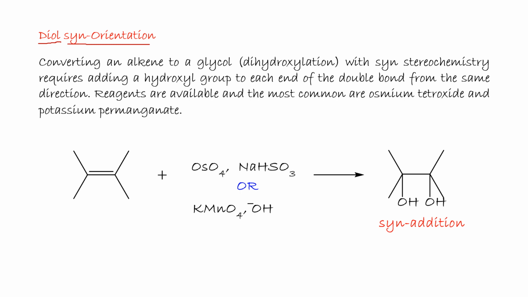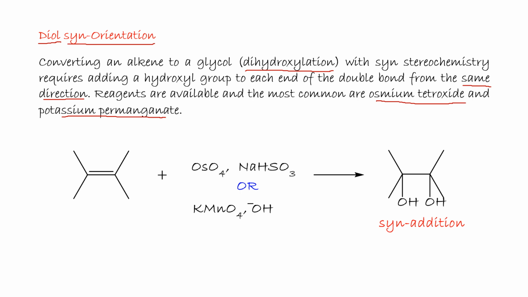Diol syn-orientation. Converting an alkene to a glycol by dihydroxylation with syn stereochemistry requires adding a hydroxyl group to each end of the double bond from the same direction. Reagents are available, and the most common are osmium tetroxide and potassium permanganate.